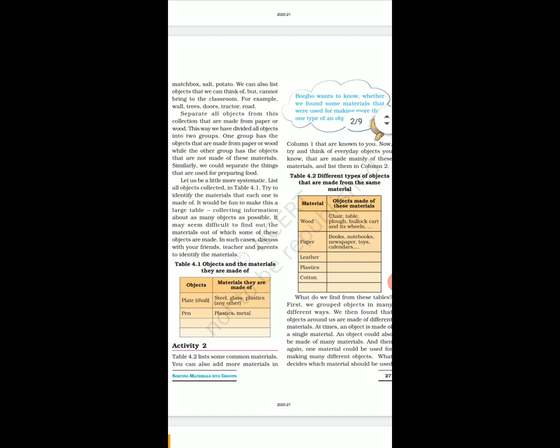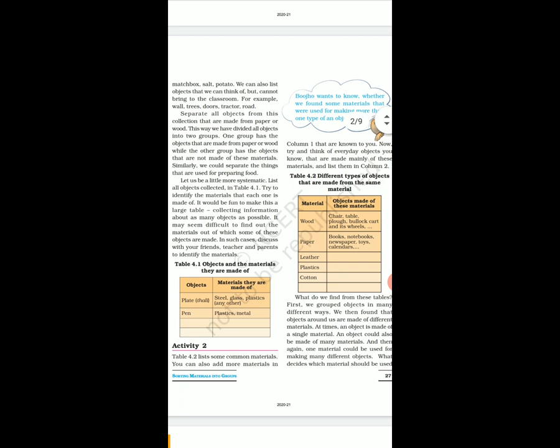right? Wood, paper, leather, plastic, cotton, iron, you can write that also. Now classify this. Suppose you have written here plate, then it can be of glass, it can be of plastic, it can be of steel.